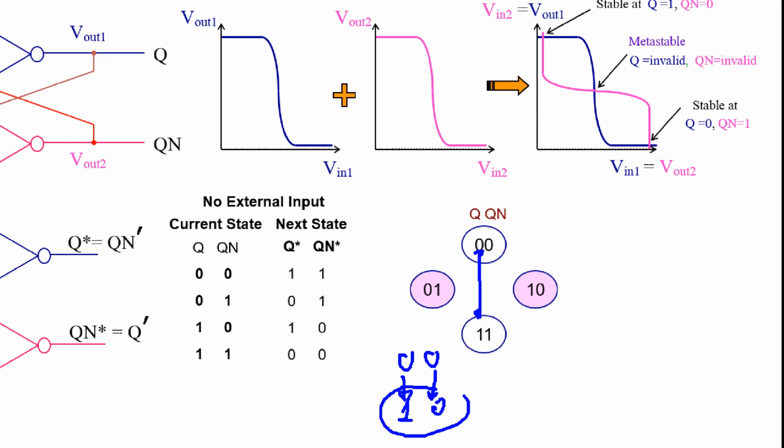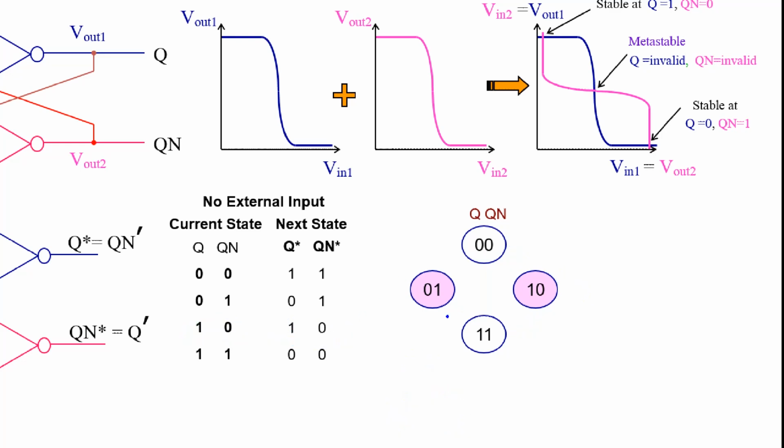So it goes to 1, 0, right? When it goes to 1, 0, can it go to 1, 1? No, because it's stable at 1, 0, right? If the current state is 1, 0, when time passes, it goes to 1, 0.